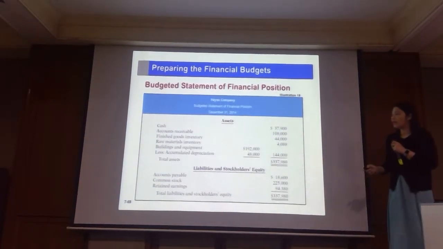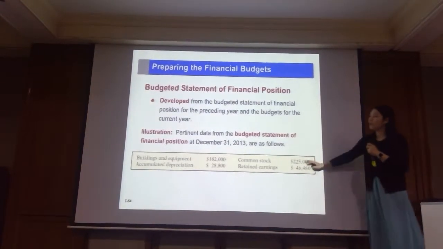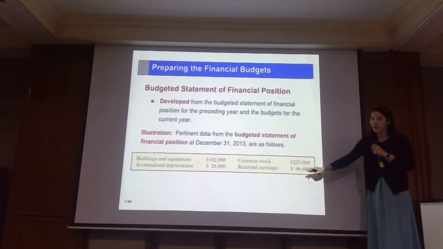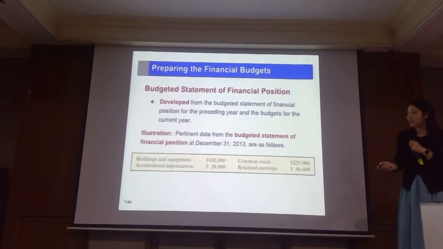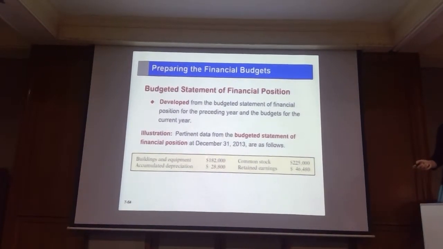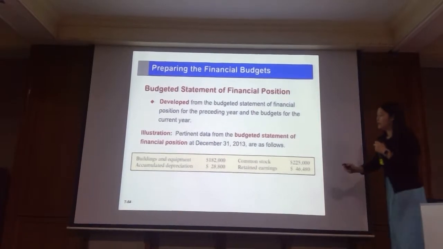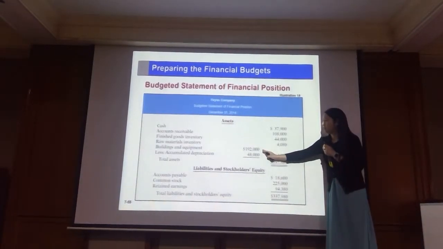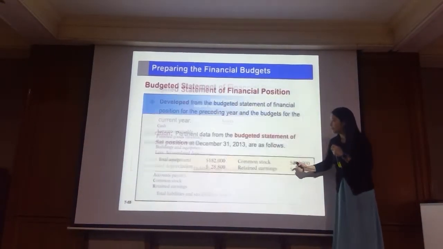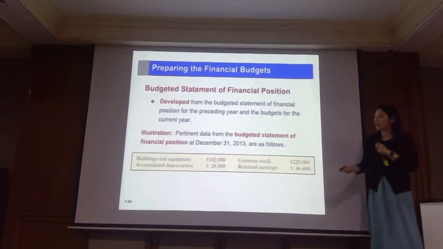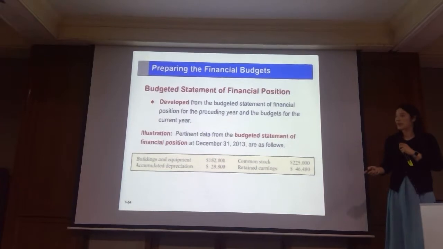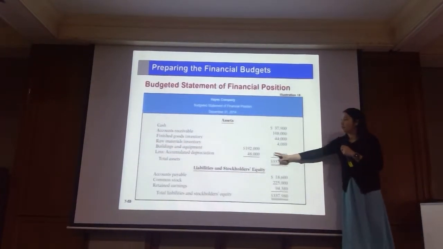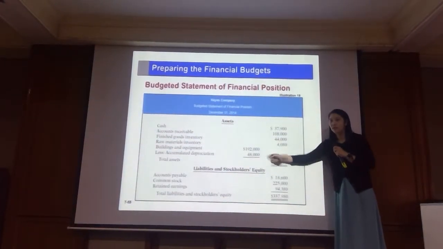For building and equipment, we take it from the previous year's information. At the end of last year, we had building and equipment equal to 182,000. How about right now? Why did it change to 192?